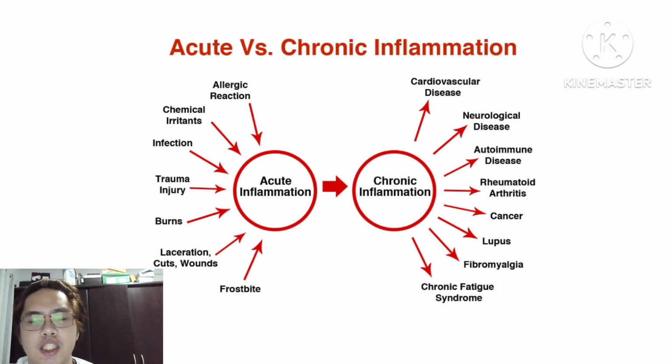Chronic inflammation is more serious, where the inflammation causes serious effects on the internal parts of the body, which we can see in the examples are already causing diseases.